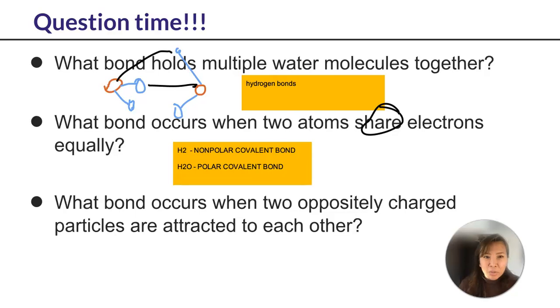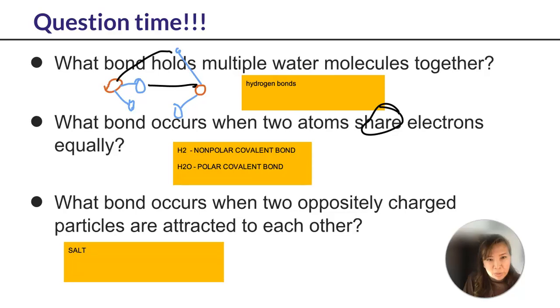And then the last question here is what bond occurs when two oppositely charged particles are attracted to each other? So can you guys think of the example that we talked about? So the example would be salt, right?